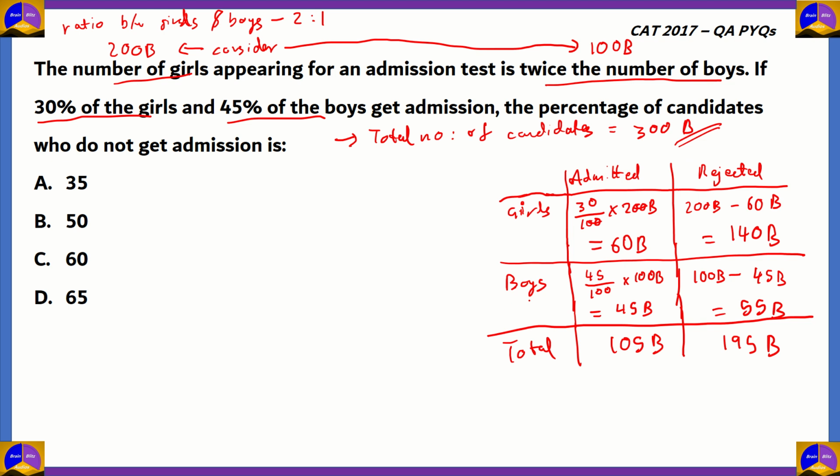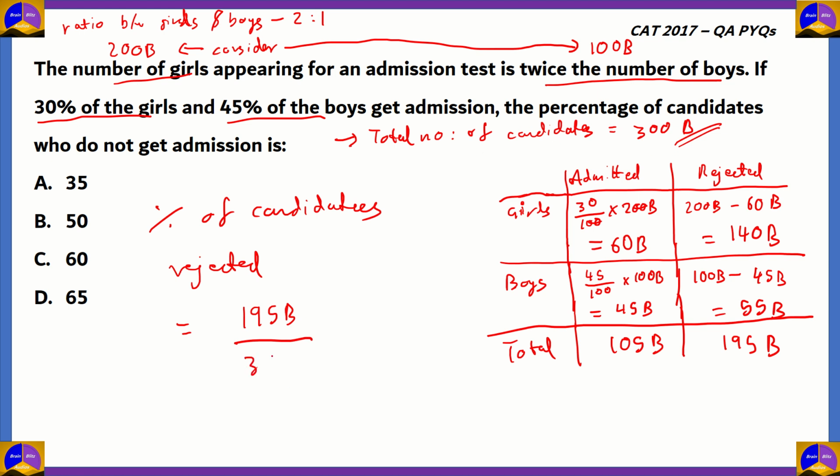We need to find out the percentage of candidates rejected, which will be equal to the amount of people who got rejected, which is 195B, over the total amount of candidates, which is 300B, times 100.